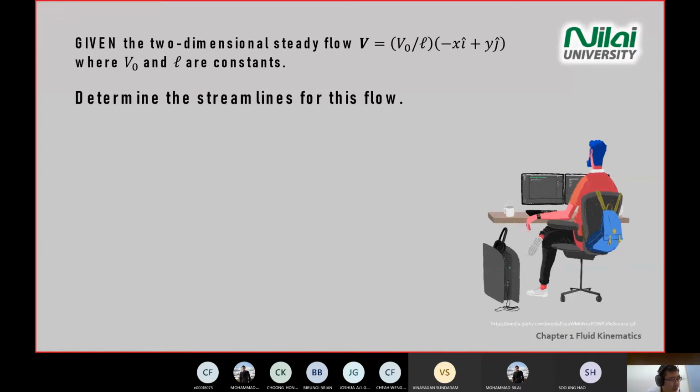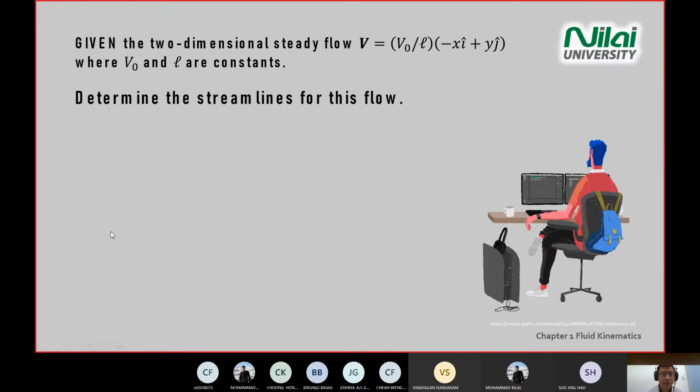And you're given that V0 and L are constants. This equation is one we have seen in question 7, the same equation. Just that in question 7, the objective is to draw out the velocity field. However, in question 12, it asks you to do another thing. It asks you to determine the streamline.